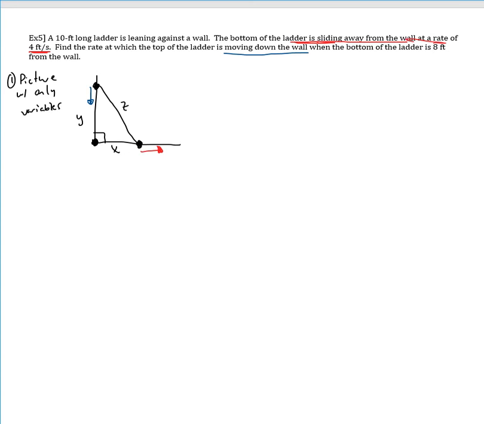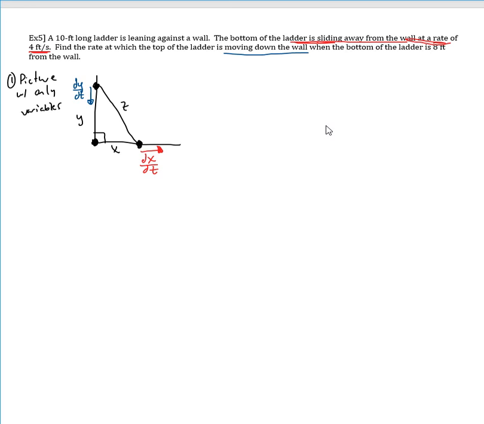Let's underline that: a rate of 4 feet per second. So the rate at which x is changing is what this is describing in red. This is dx/dt. And the blue would be the rate at which y is changing, that would be dy/dt. So we have these. This is all variables, and that's useful for us.